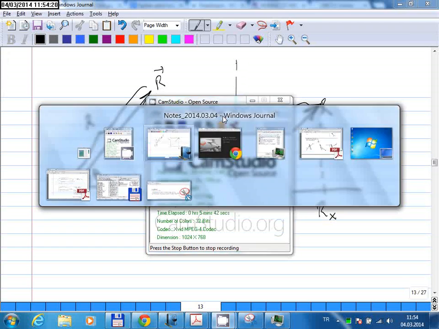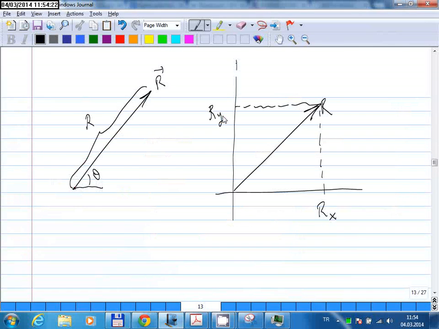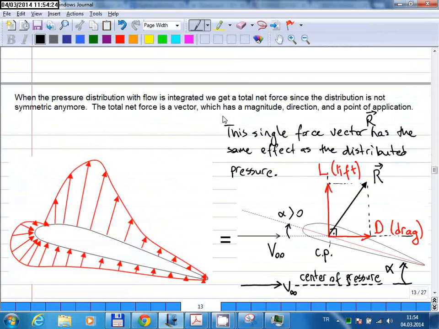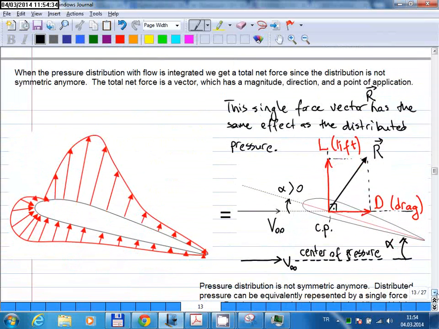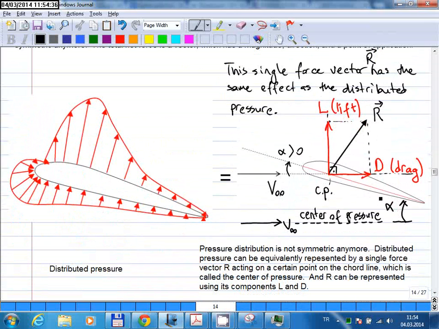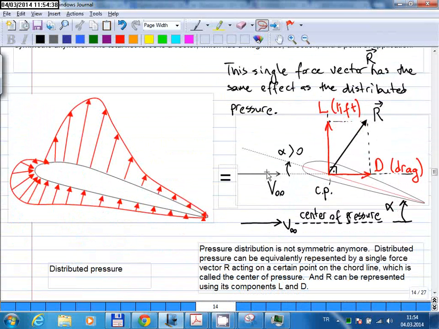In flight mechanics, we take the second approach. We use the Cartesian coordinates, and we define the axis relative to the free stream velocity. So the free stream direction is shown by this v infinity vector.